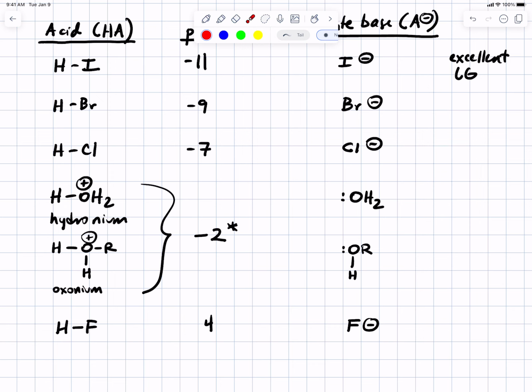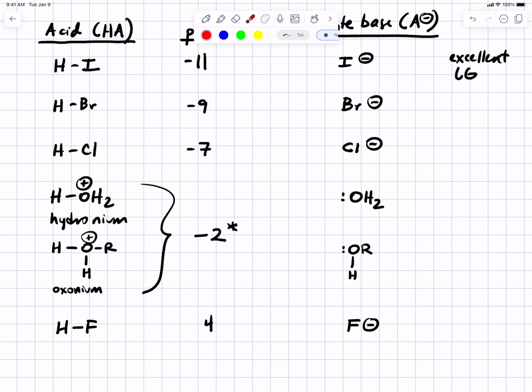Now, one of the explanations people like to use for why conjugate bases are stable is electronegativity. Because electronegativity reflects how tightly a nucleus is holding on to electrons. And so a more electronegative atom should be, quote, happier with a negative charge based on electronegativity. Well, fluorine is more electronegative than iodine by a ton.